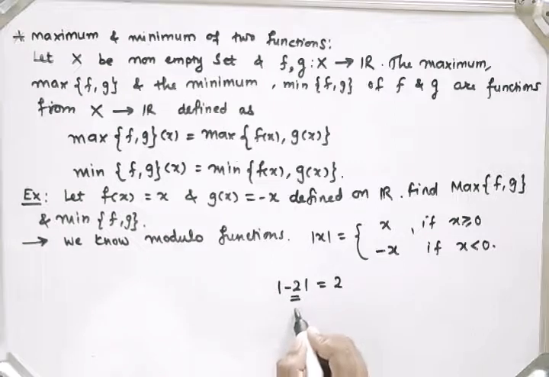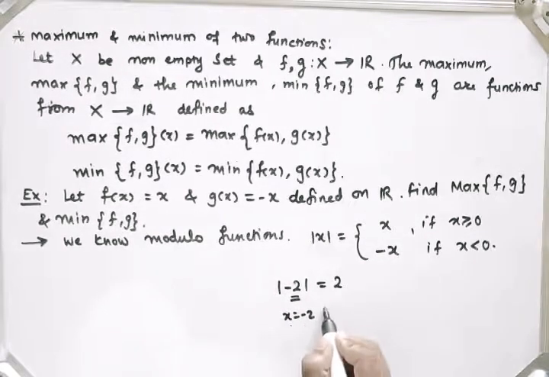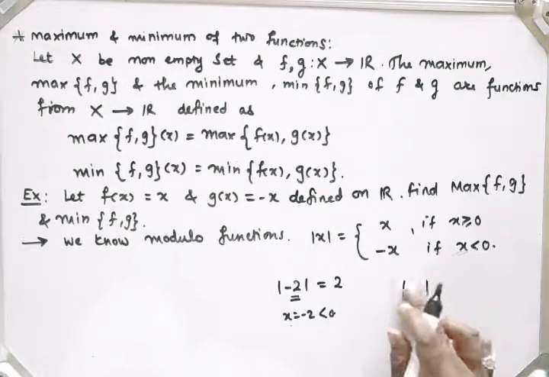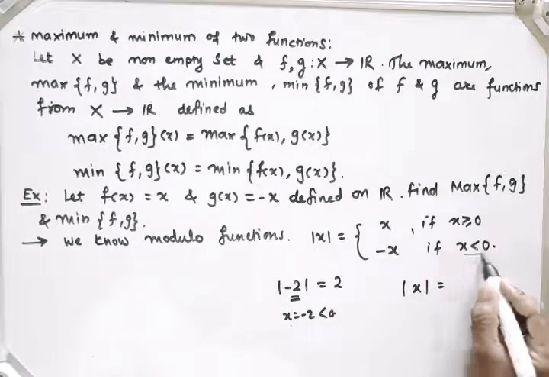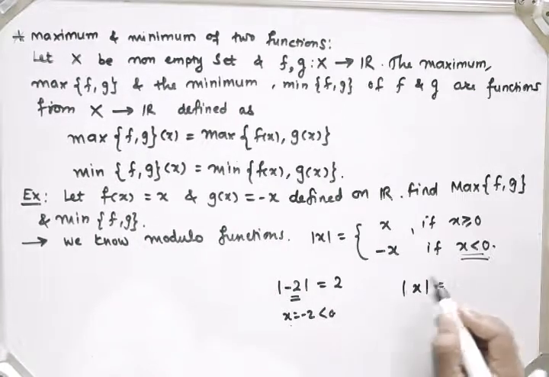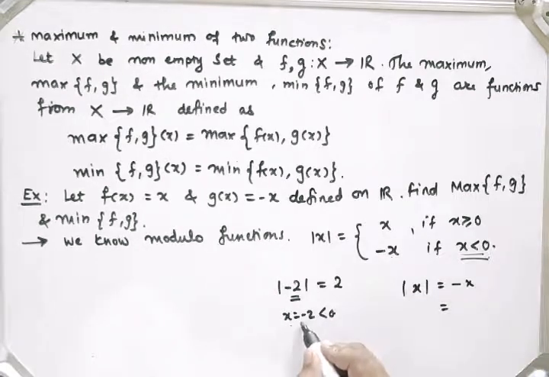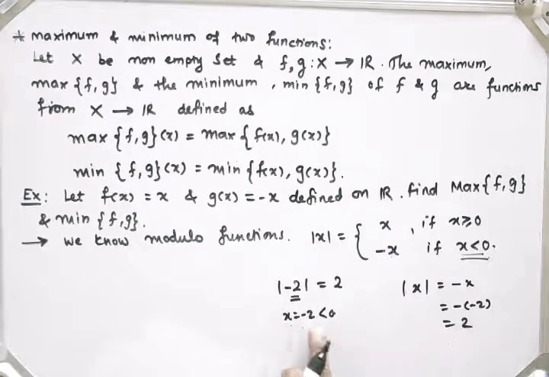Here X is equal to minus 2, which is less than 0, so mod X is minus X, that is minus of minus 2, which is 2. So the value of the modulus function is always positive.